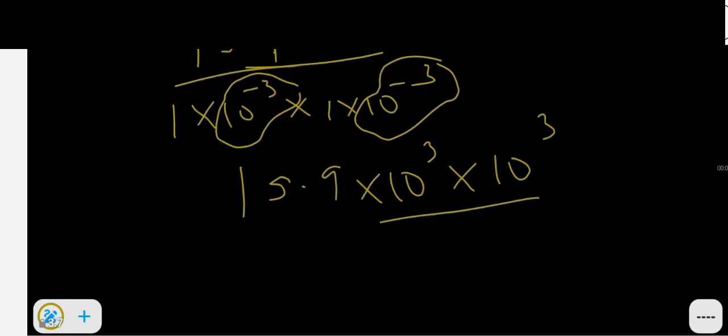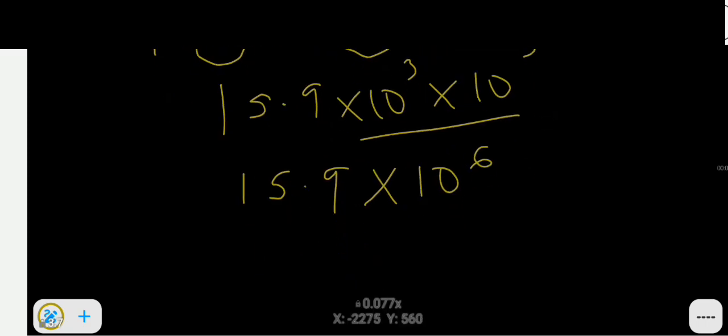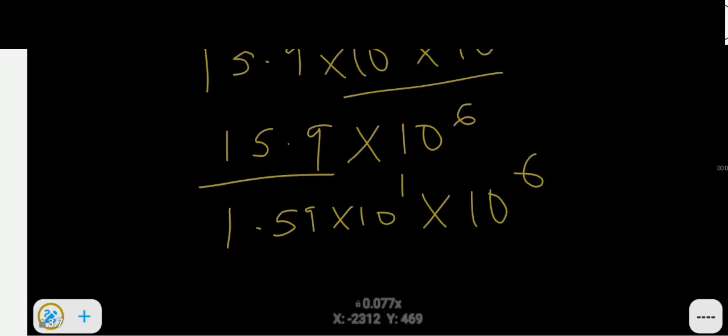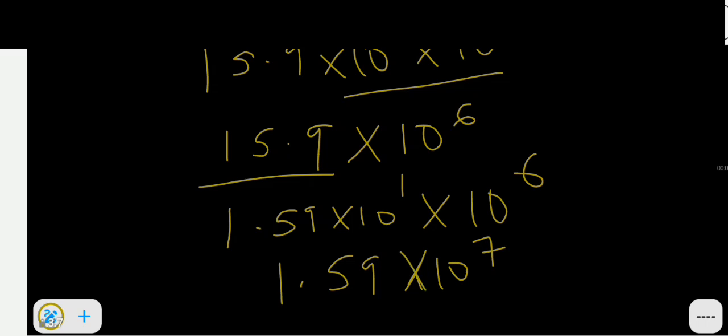That's 10 to the power 6. 15.9 times 10 to the power 6. But 15.9 can be expressed in standard form as 1.59 times 10 to the power 1. Then you have times 10 to the power 6 again. Just add the powers. That will give you 1.59 times 10 to the power 7 Newton per meter squared. This is the stress.